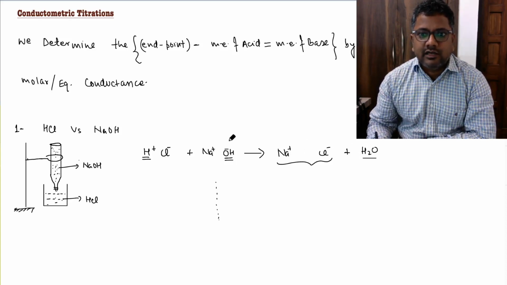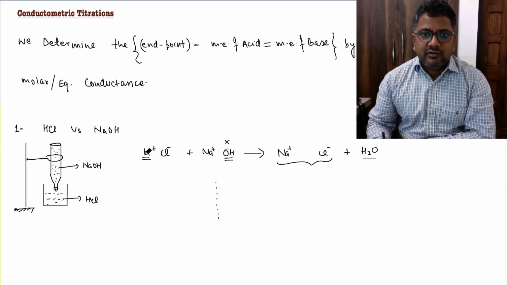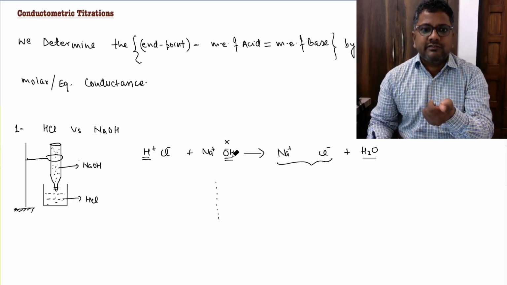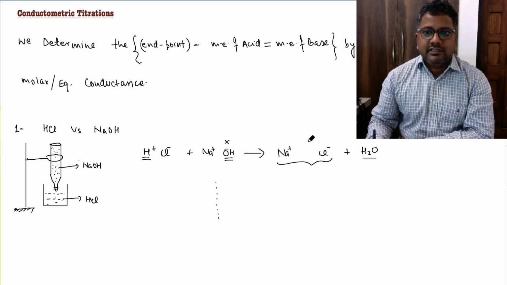So there is no contribution of OH minus. So a large decrease in molar conductance we will observe, because you know the molar conductance of H plus is much higher than Na plus, right? And don't think about OH minus, because whatever OH minus is coming is immediately converted into H2O. So this is the change.